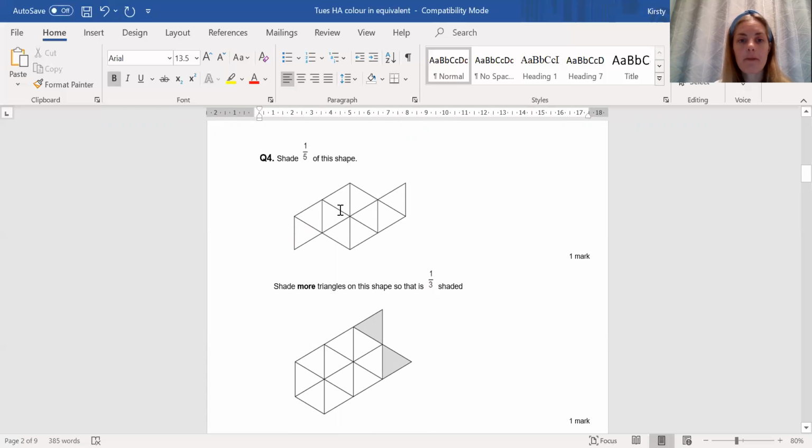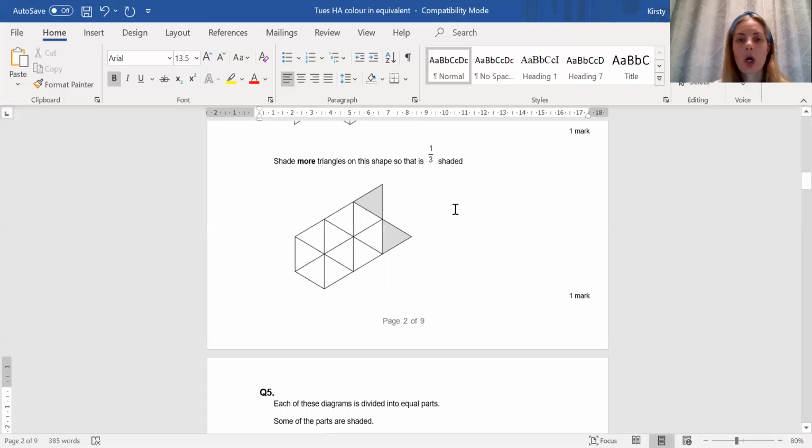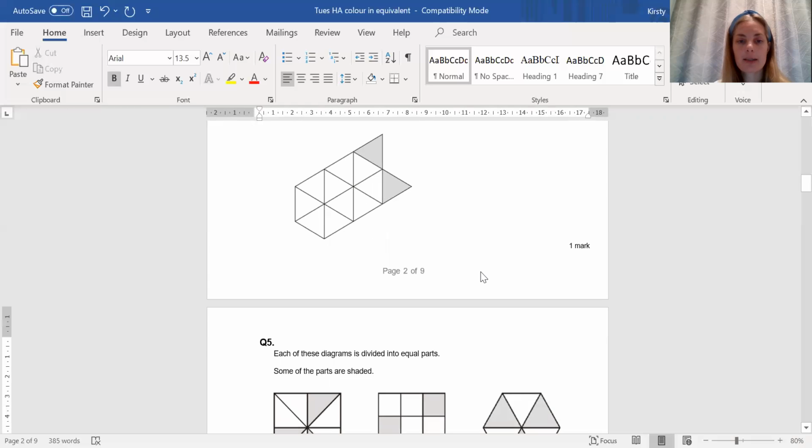You are going to shade 1/5 of the shape, and see if you can get the answer. So you're going to write 1/5 equals, how many pieces has this been divided up into, which will be your bottom number, and then what did you do to the 5 to get the bottom number? Whatever you do to the bottom number, you need to do to the top number. Right, you need to shade more triangles on the shape so that 1/3 has been shaded. See if you can figure that out.